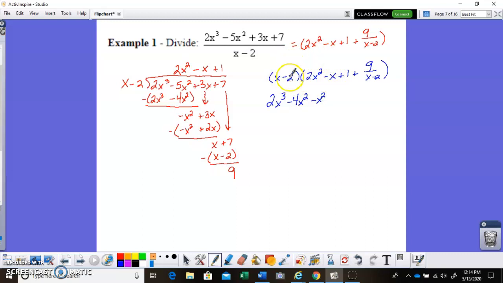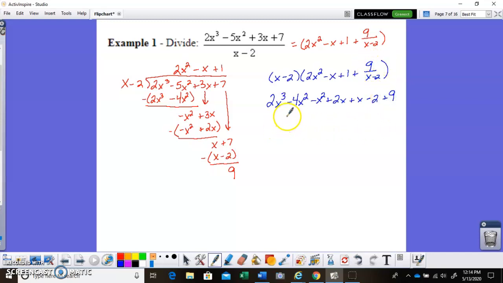And negative x times negative 2 is positive 2x. I did all of that one. So I move to the 1. 1 times x is x. And 1 times negative 2 is negative 2. And now I take this whole thing, multiply by that whole thing, and notice this matches the denominator, so they actually cancel out. So what I get is just plus 9.